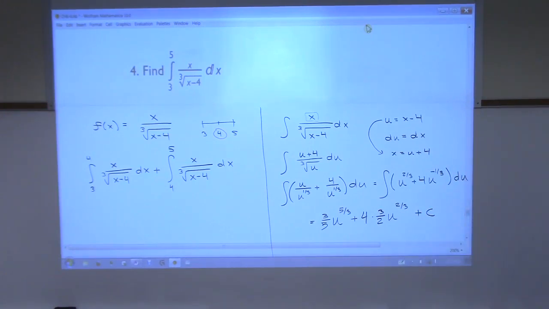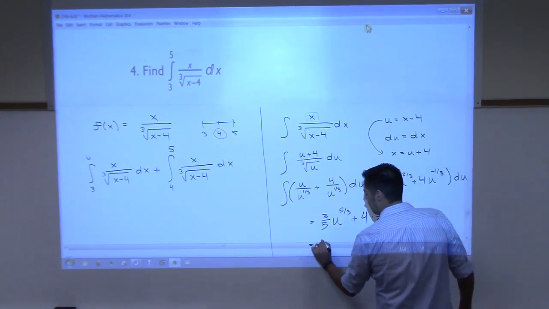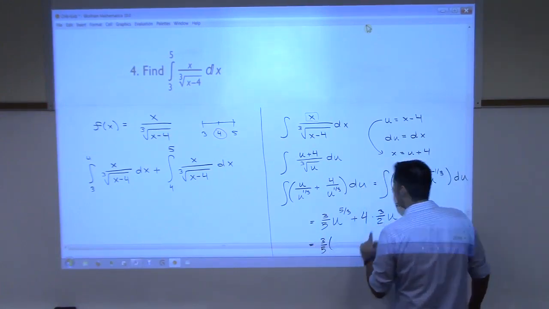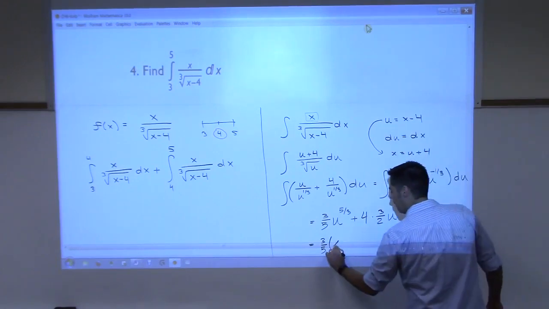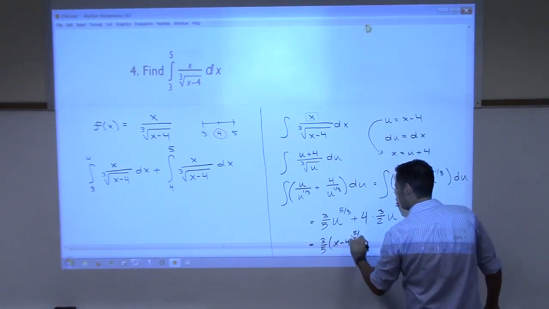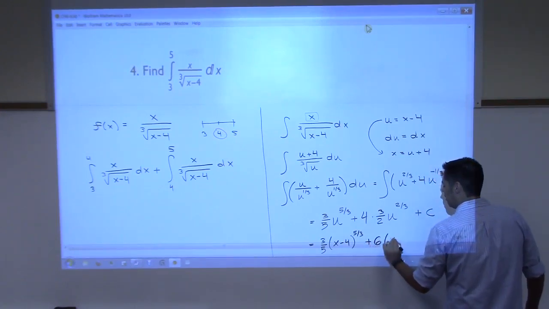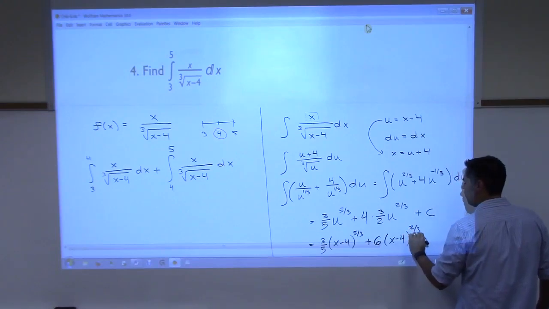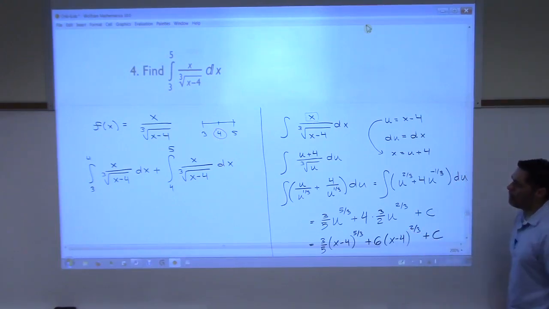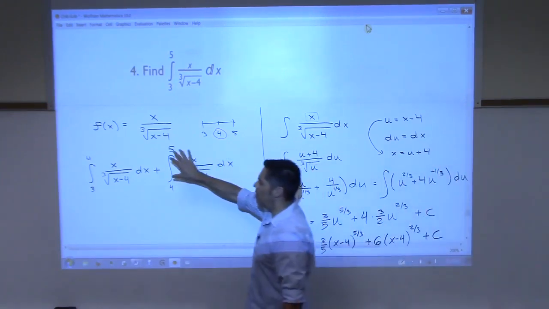We can do some additional cleaning up here, and I can replace my u's. So 3/5 u, which was x minus 4, to the 5/3, plus 6 times x minus 4 to the 2/3 plus c. That's our antiderivative. I'm going to need that, right? Both of these integrals require the same antiderivative.